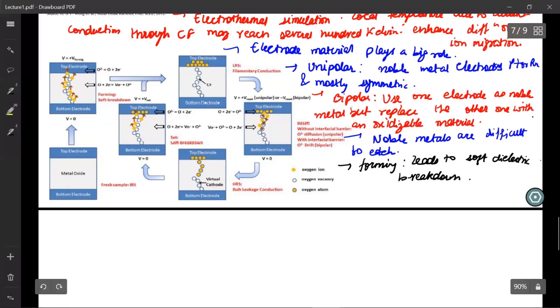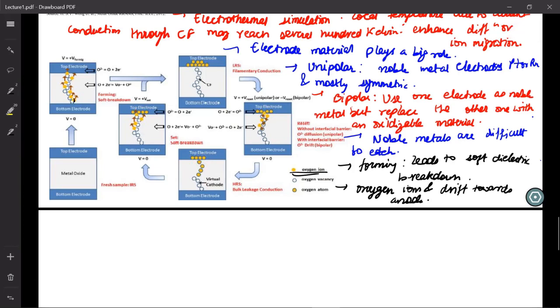And then the oxygen atoms which are knocked off form ions, and they drift towards the positively charged electrode, which is your anode. This is shown in the first figure. The oxygen atoms, oxygen ions basically, are represented by yellow here. So the atoms get knocked off and form ions, and they drift towards your top electrode, which is your anode, at V forming. This is what happens, and this leads to the formation of this conduction filament.